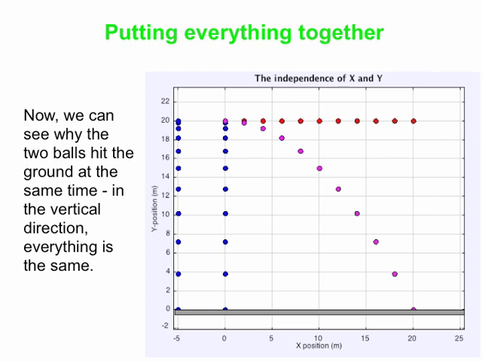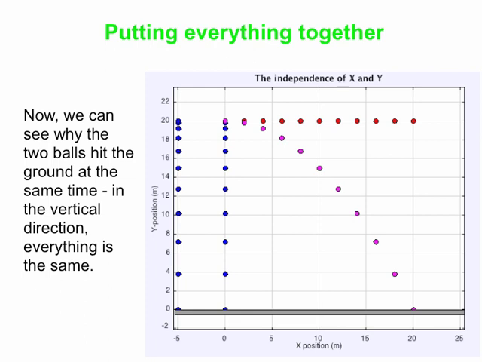So vertically, what's going on with the two balls? They're let go from the same height. They both start with no initial velocity vertically. They have exactly the same acceleration vertically, the acceleration due to gravity. And so vertically, everything is identical for the two balls as far as their motion goes.